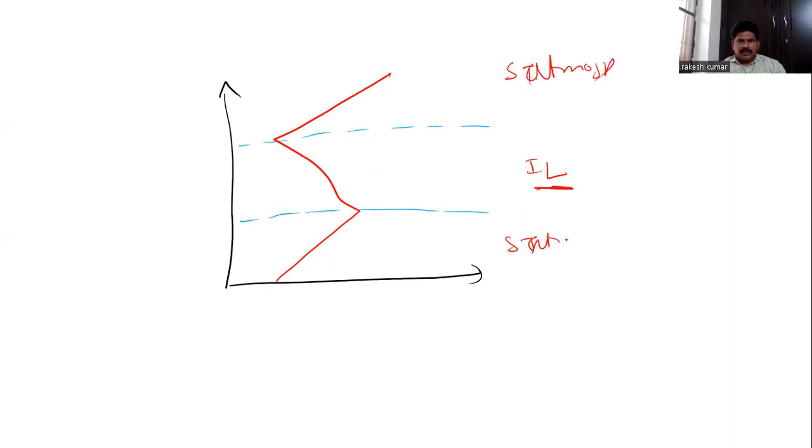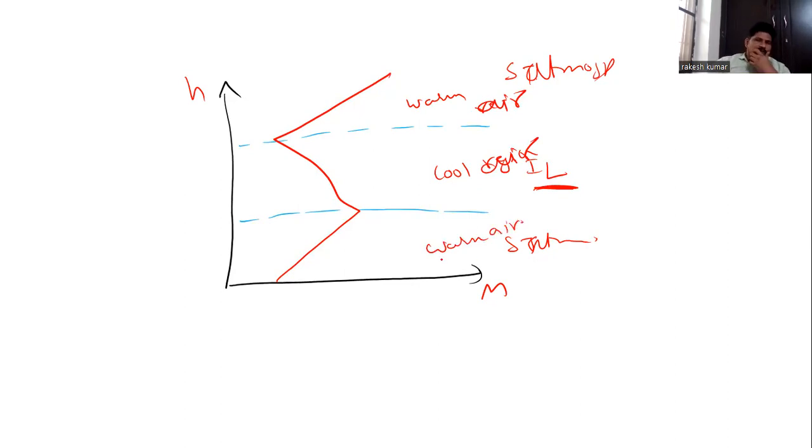Here this is the cool region, and this is the warm region. Warm air, cool air, and again warm air.